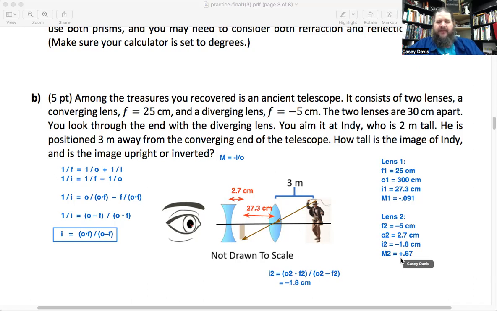And also positive means same orientation. And how would we combine these to get the total magnification? Multiplication. Yeah, magnification factor is a multiplier, so we combine them by multiplying. And what do you get there?